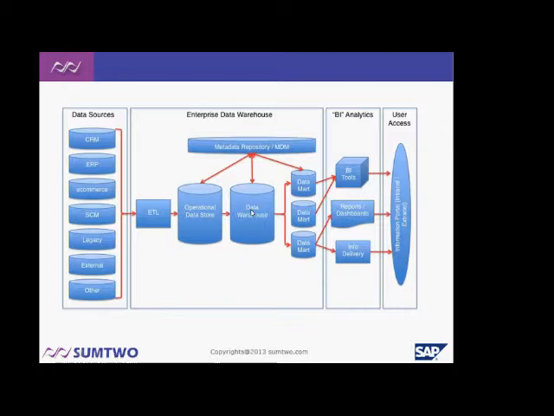That's where the conversion happens from OLTP to OLAP, and if required we can split it into individual data marts. Later on the data is consumed using reporting tools like dashboards, Webi, etc., or it can be used for further analysis and data mining.